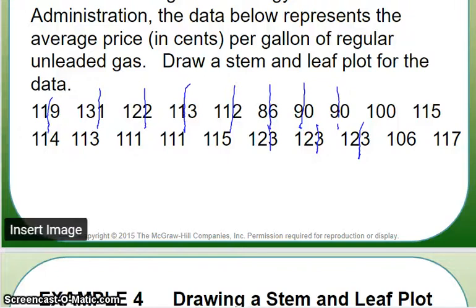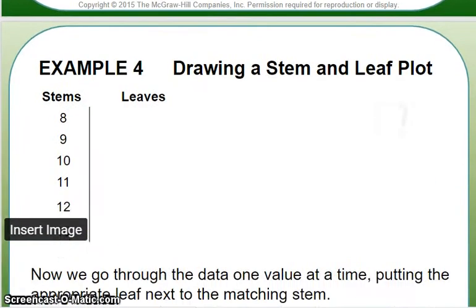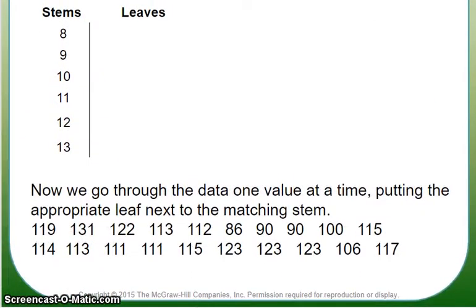So I'm going to start with the 8 because that was the low number, and we're going to go all the way up to the 13s, which is that 131, which is my high. So I'm going between these two values.